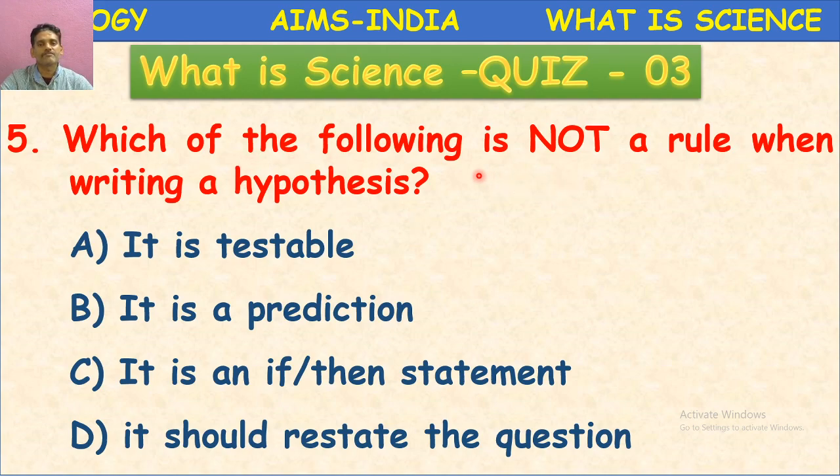Here the question is, which is not a rule when writing a hypothesis? Okay, that is D. It should restate the question. It is not there in writing a hypothesis. Our hypothesis should not restate the question.